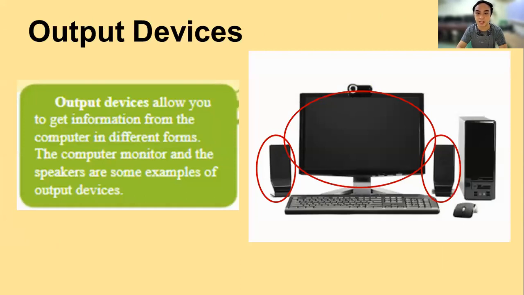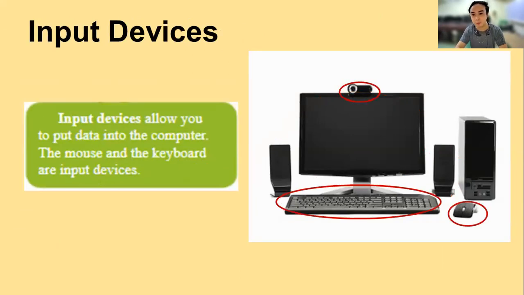We have output devices, such as the monitor and speaker, because they're the ones giving us information from the computer. Input devices are the mouse, keyboard, the cam or camera, and the microphone, because through the keyboard we'll be able to give signs, letters, and numbers to the computer, cam to get our image, mouse to give direction, microphone to give the sound to the computer.